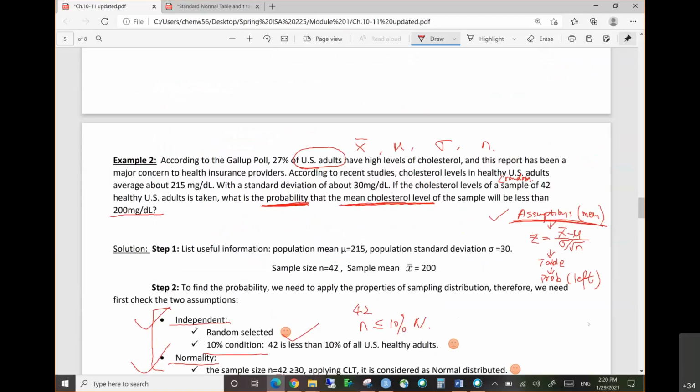Brianna, what is X bar? It's the sample mean. Then what is the value of X bar? Think about it. Would it be 42?